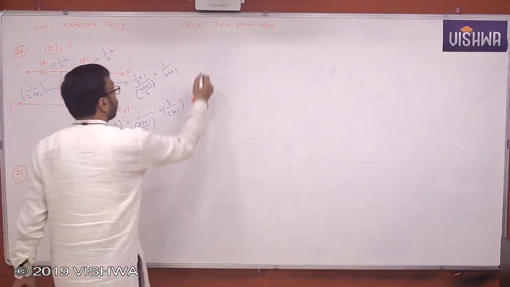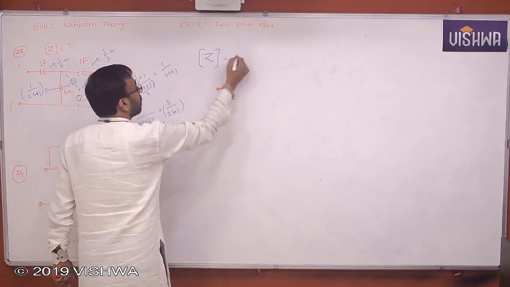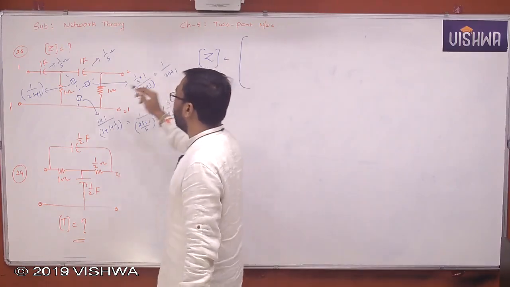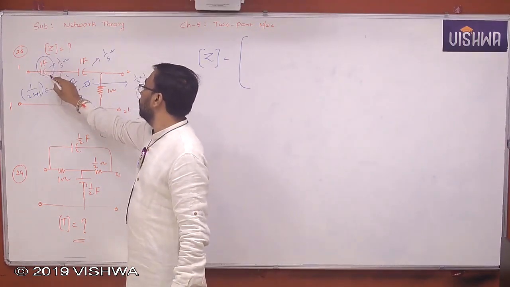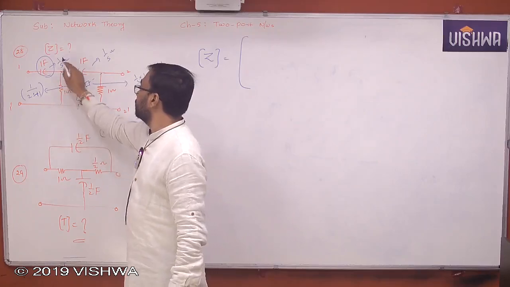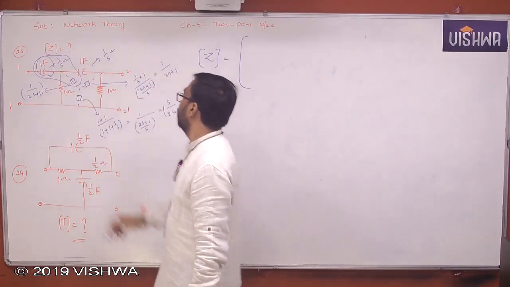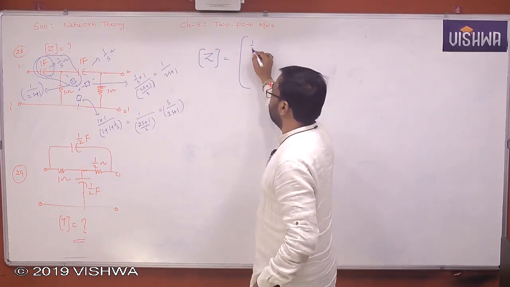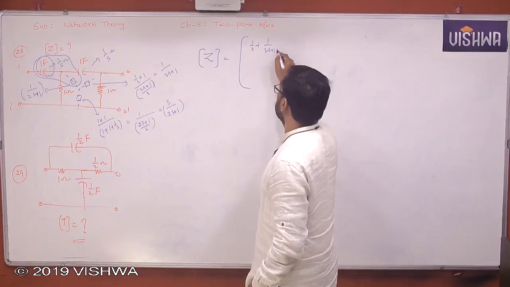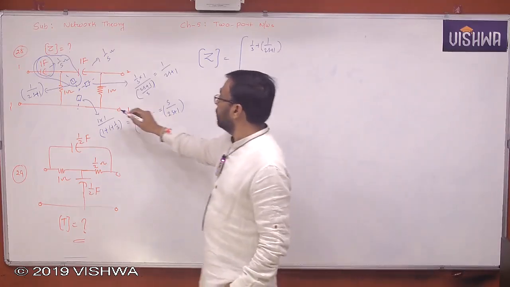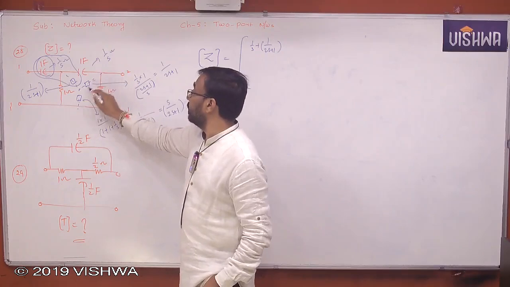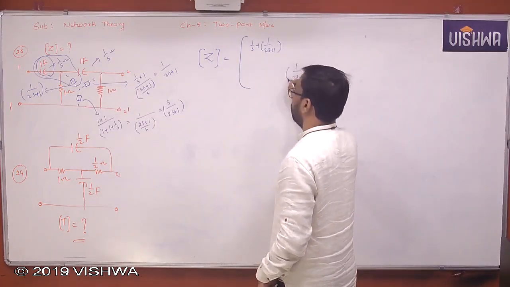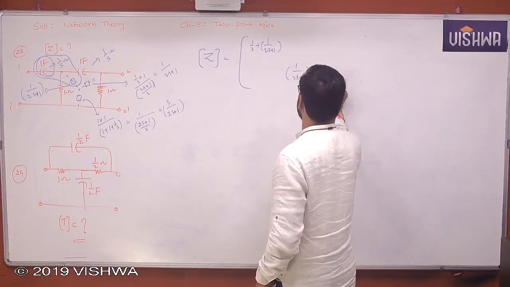So what is the matrix of it? You already have this 1 by S plus this. That means this total can be added. So the Z matrix will be something like this. You see 1 by S plus 1 by 2S plus 1. And here these two can be added. That is 1 by 2S plus 1 plus S by 2S plus 1.